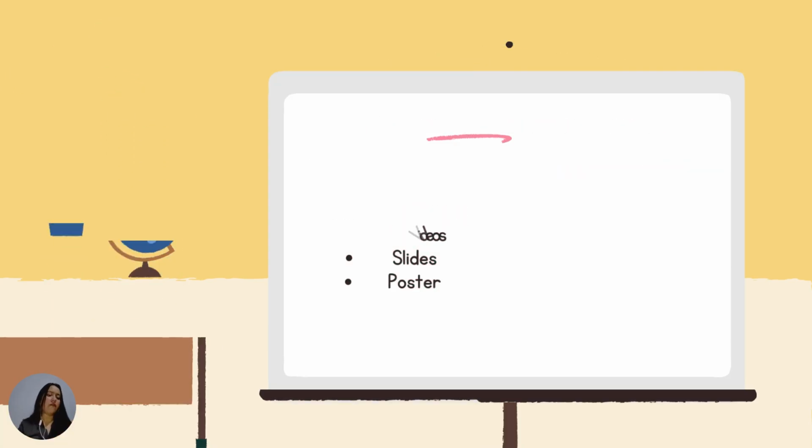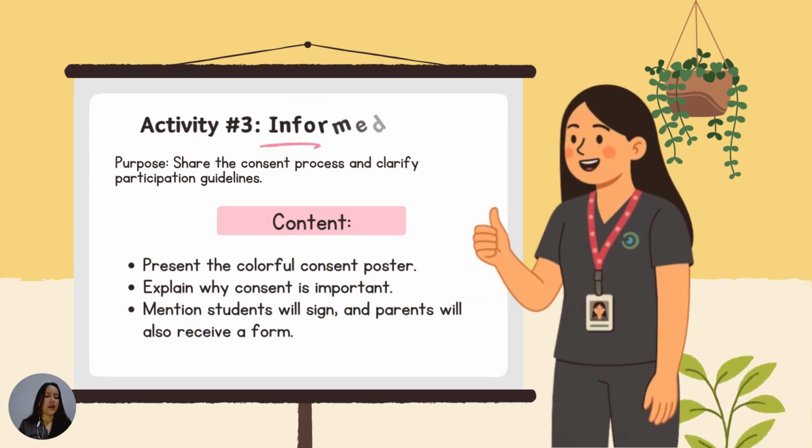Now we have the third activity. That was the informed consent. As you can see, those are not like worksheets because this is our first class. We have to be clear with them, with their rights. And so for this activity, the purpose was share the consent process and clarify participation guidelines.